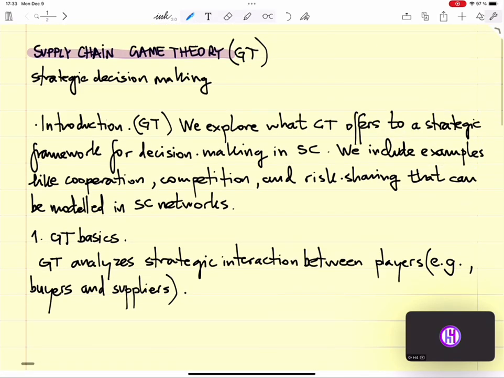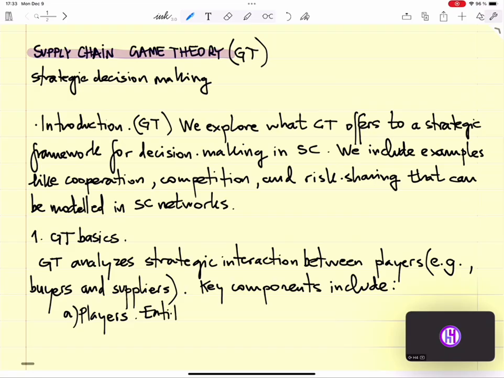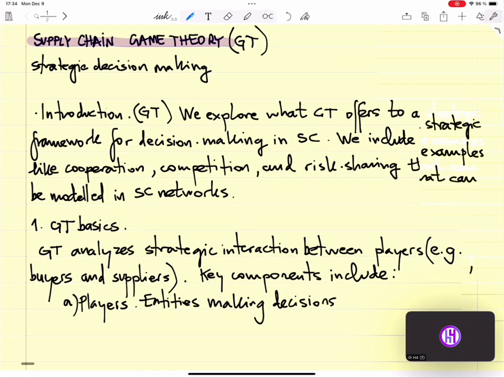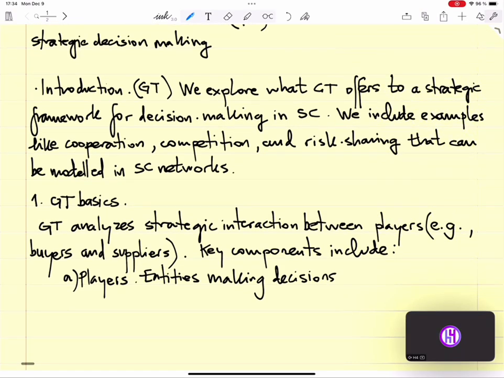Key components include players, which are entities making decisions. So, for instance, two suppliers competing for a contract.